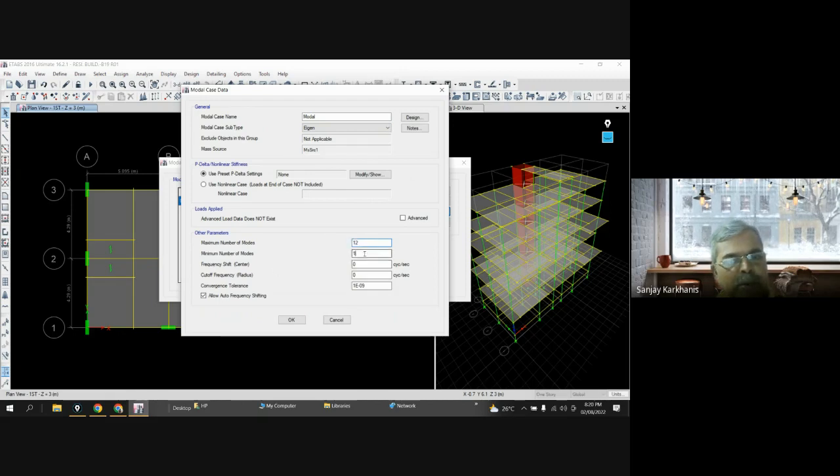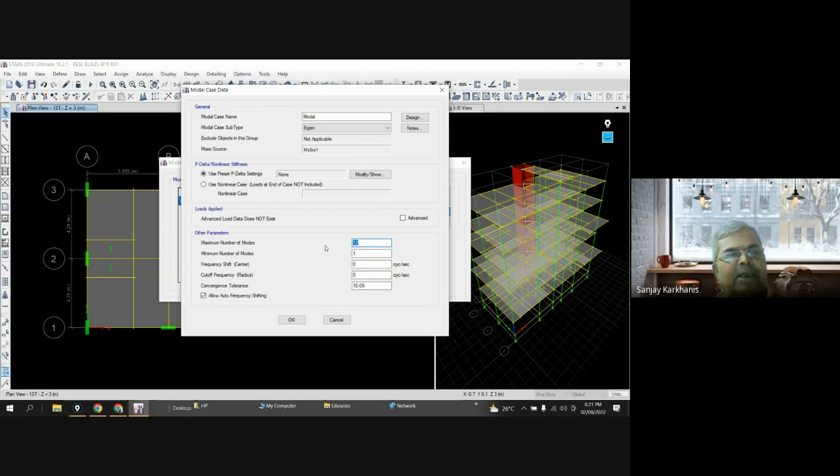The minimum will be 1 and the maximum will be 12. That is important for you. The rest of the things are a little bit advanced, like frequency shift and cutoff frequency. If you are prepared to study dynamic analysis, there you will find this. But right now you put it over here as 0, as it is.